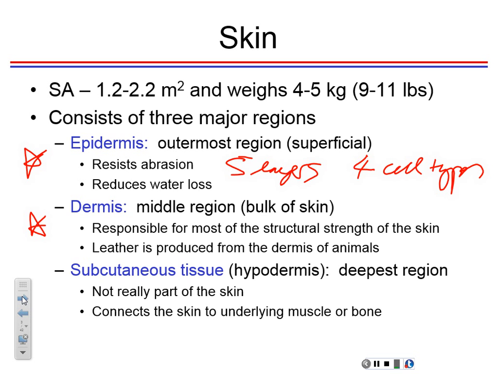It's the tough connective tissue that gives skin its toughness and the protective nature, which forms about 80% of the dermis. Subcutaneous tissue, hypodermis, under skin, not really a true part of skin, but it serves a very important function in terms of skin, so we kind of include it.